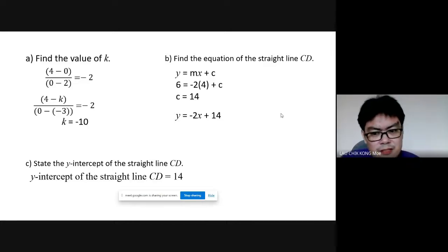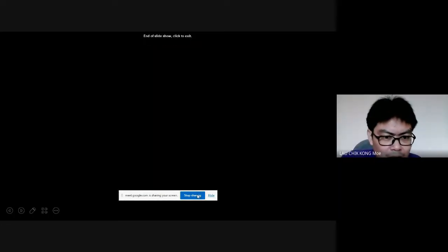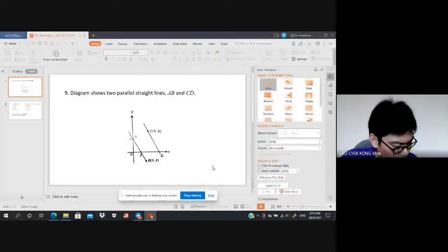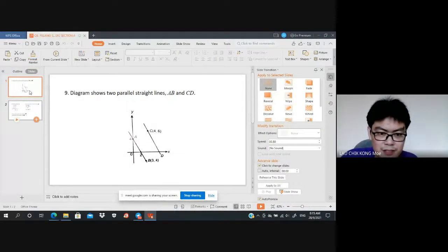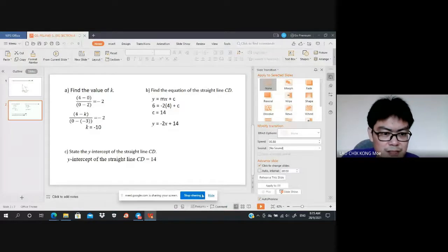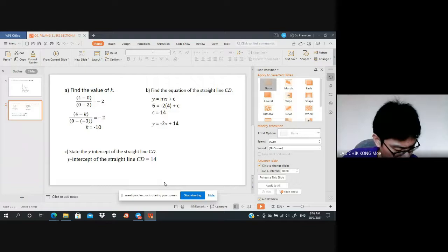Okay, wait, Shafika. Actually, your A just now, find the value of k, is incorrect. Are you sure that is 4 minus 0 divided by 0 minus 2?